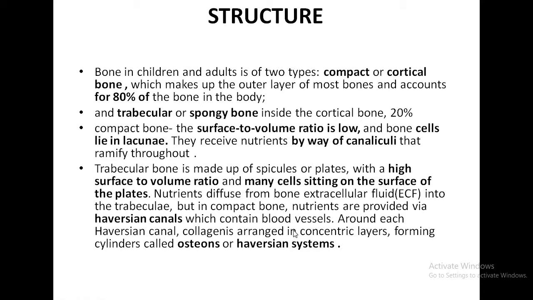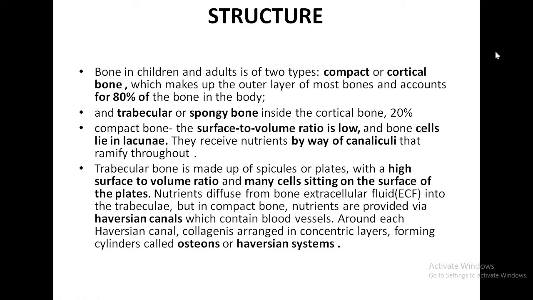In compact bone, nutrients are provided by Haversian canals, which contain the blood vessels. Around each Haversian canal, collagen is arranged in concentric layers forming cylinders called osteons or Haversian systems.